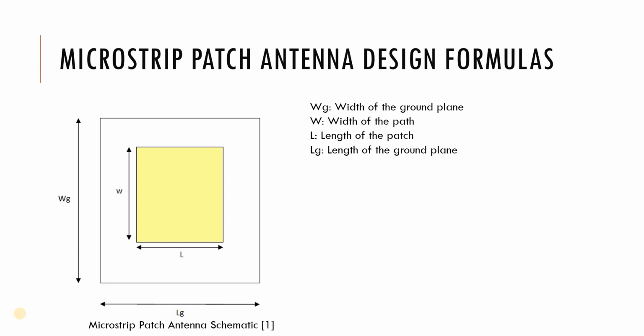But the height of the dielectric is important, and it is typically much smaller than the wavelength of operation, but not smaller than 5% of the wavelength, because if the thickness of the dielectric is too small, the efficiency of the antenna will be degraded and deteriorated.